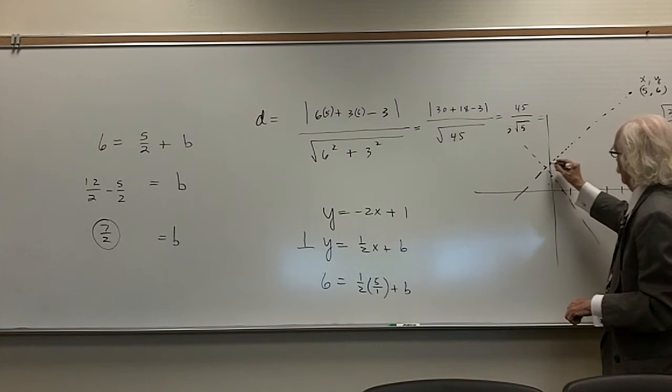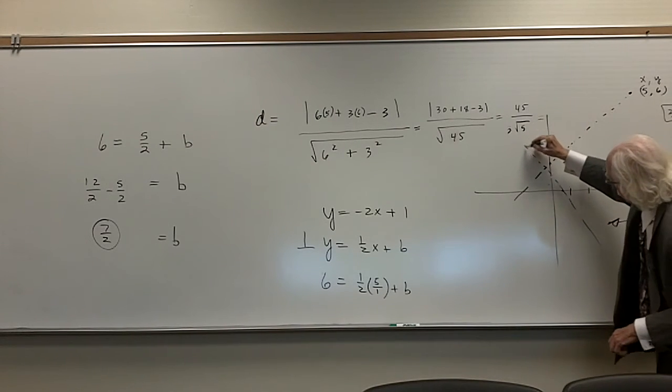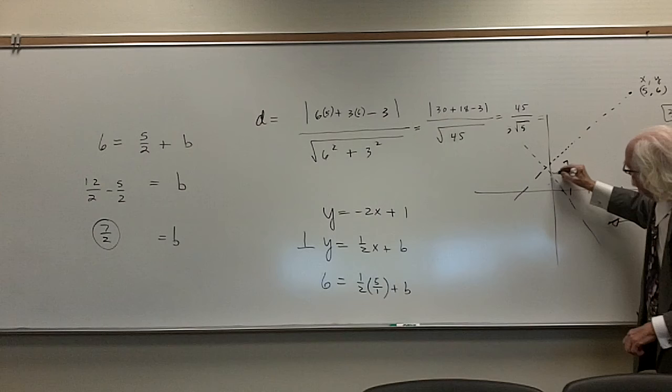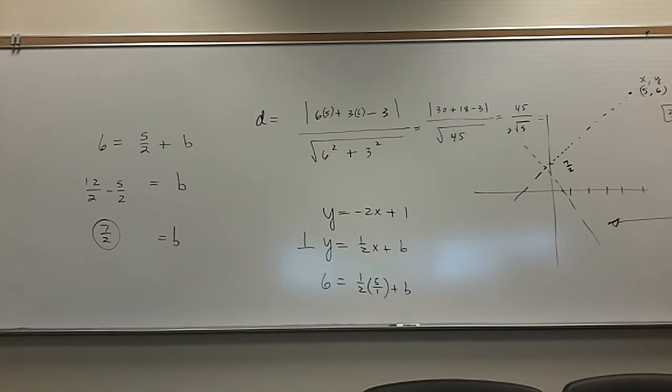That's 3.5 right there. One goes up here somewhere, 1, 2, 3, 3.5. Like I said, it's hard to draw things when you're just drawing a freehand line.